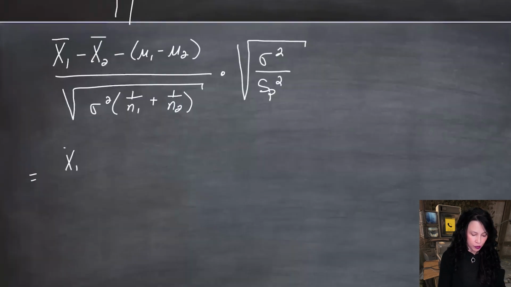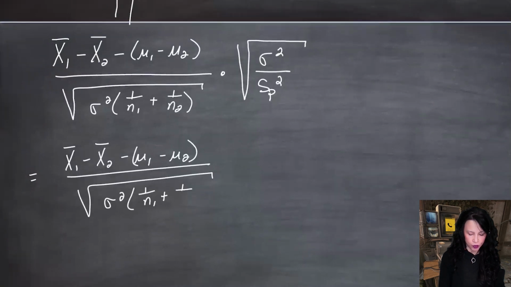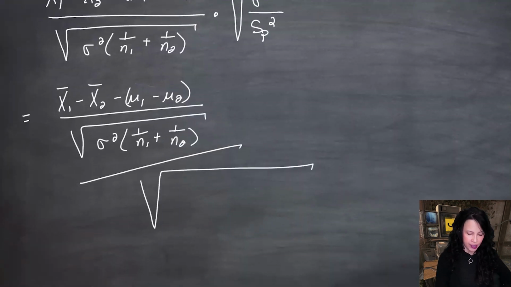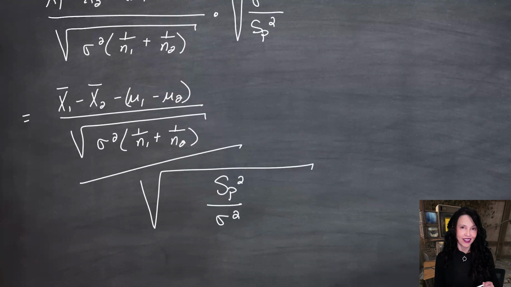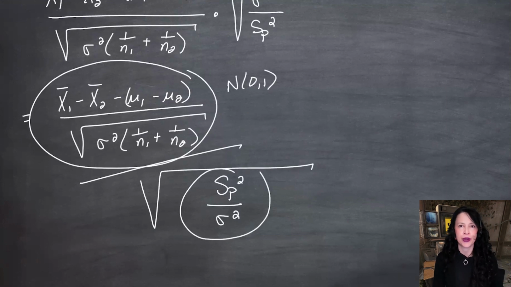This is X1 bar minus X2 bar minus (mu1 minus mu2) over the square root of sigma squared times (1 over n1 plus 1 over n2), divided by the square root, I'm going to leave some space here, of S_p squared over sigma squared. You see something forming here. This is normal 0, 1, and this is something that's almost a chi-squared under a square root.